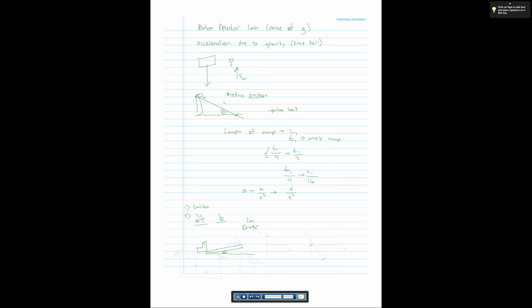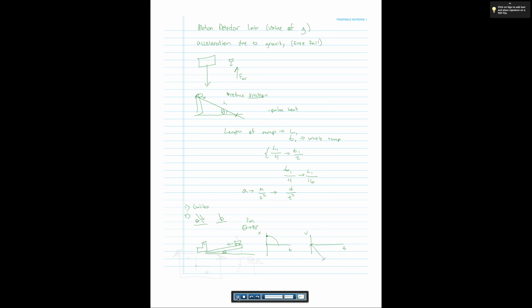Easy way to do that is to measure the length of your ramp and then measure the height that you raise your ramp to, and then using trigonometry get that angle. And then the motion detector is going to give you a position versus time graph. So you're going to start your cart over here. It's going to give you a position versus time graph, and it is also going to give you a velocity versus time graph.